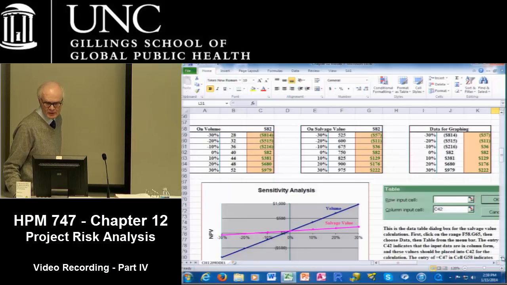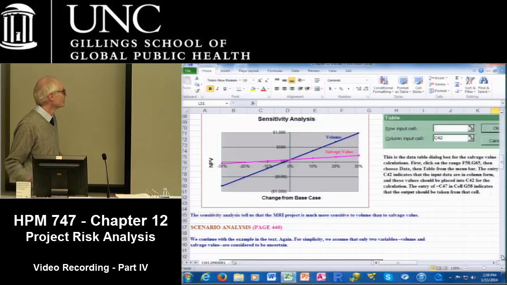So what do you notice about the graph? What does management need to worry about? Again, volume, because the slope of the line is a lot steeper than it is for salvage value.